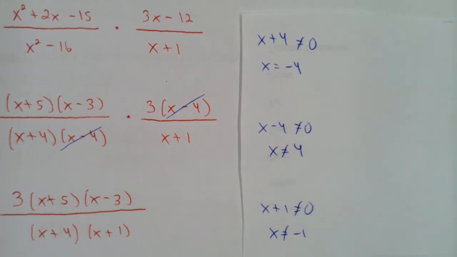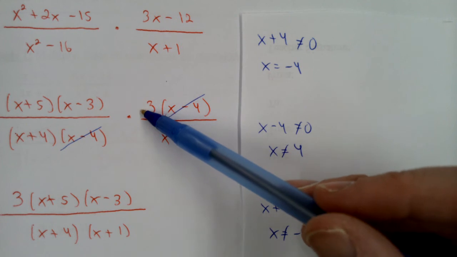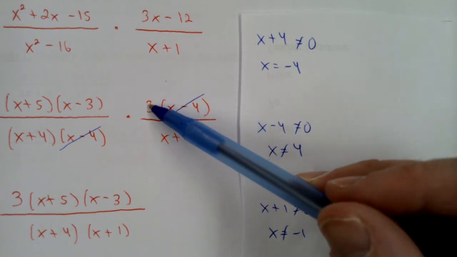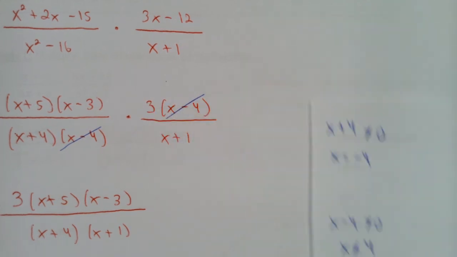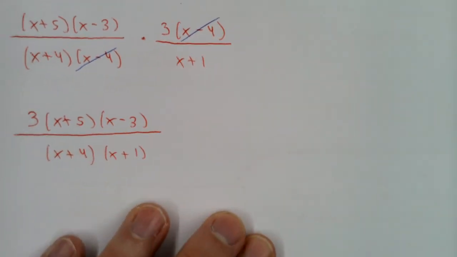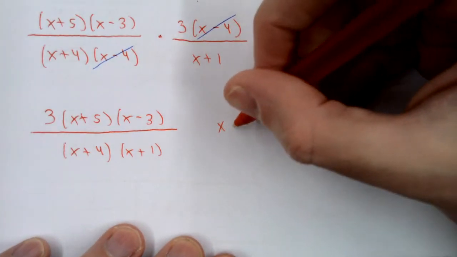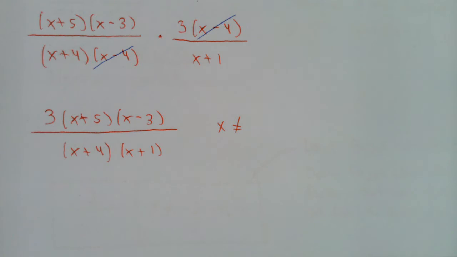But don't forget, this was the original denominator, so you also have to worry about those restrictions. So the final answer for the restrictions: x cannot equal negative 4, negative 1, or 4.